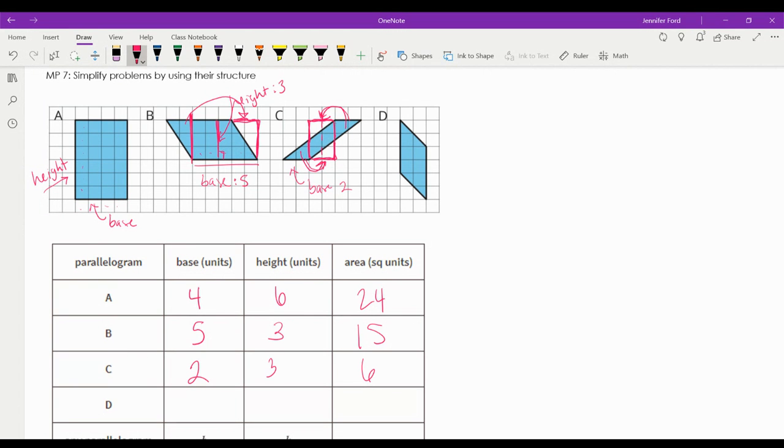And then for D, looking at D, the diagonal side is going to be hard to deal with, but the vertical side here is actually going to be easy to count. So I'm going to call that my base. That does not look like the word base. Let me write it more legibly.